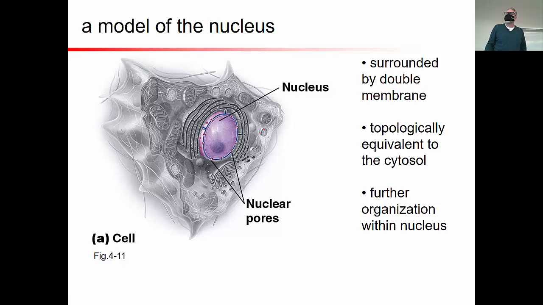There's a note here, and we're not going to discuss it more, but inside the nucleus there's also higher levels of organization. These are not surrounded by membranes, but there are other regions where we have concentrations of certain proteins or certain types of DNA, and those are all present in a highly organized fashion within the nucleus. But again, not separated out by membranes.